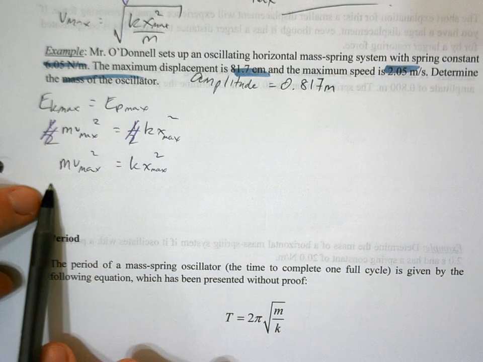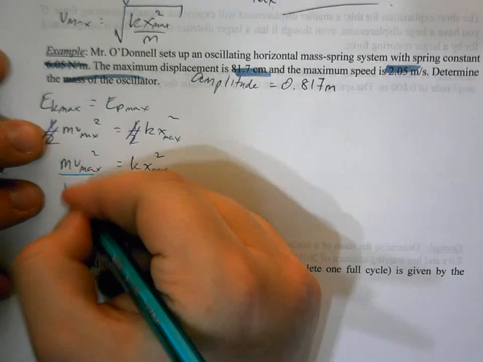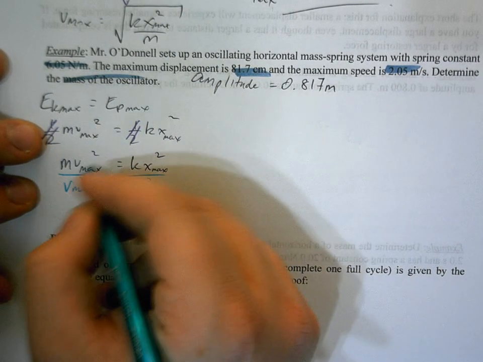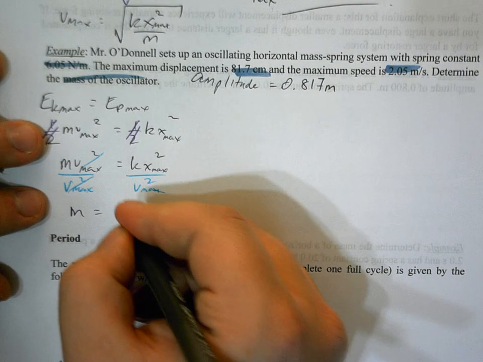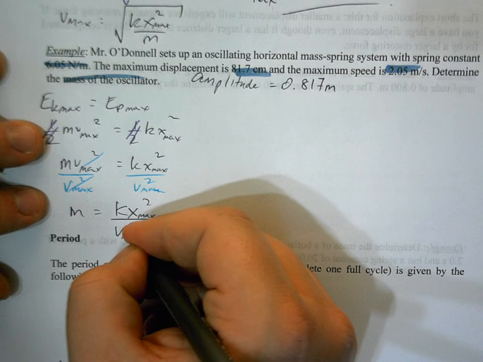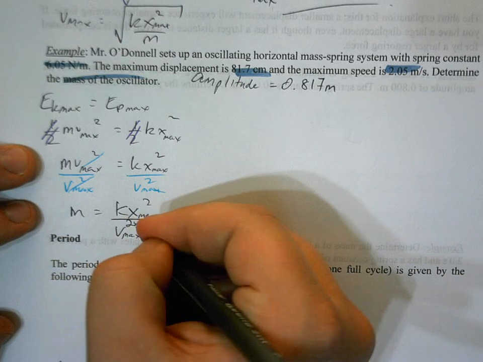Great. My interest here is in finding the mass of the oscillator. So let's divide both sides by V max squared. Again, don't forget the square, really important. So what we're going to find is for this oscillator, its mass is going to be K X max squared divided by V max squared. So the last thing to do is to actually calculate this thing.